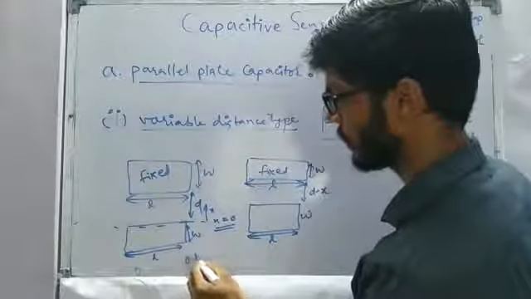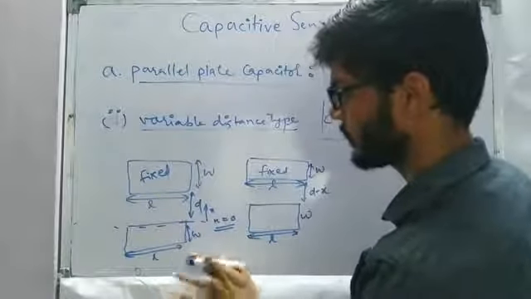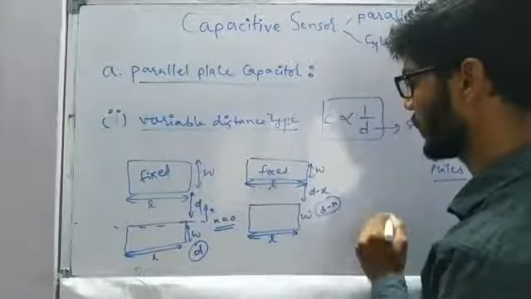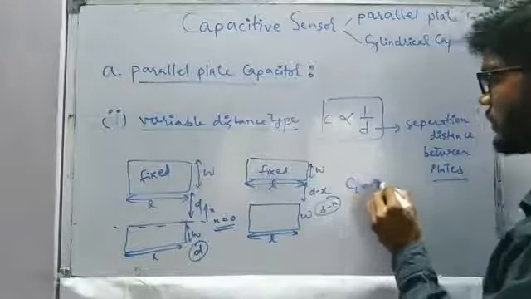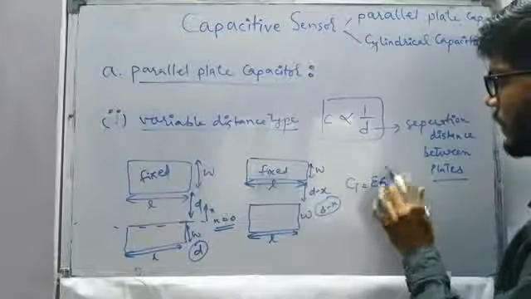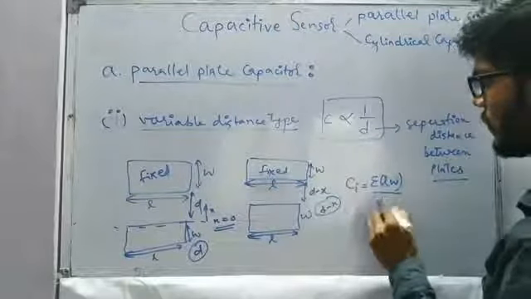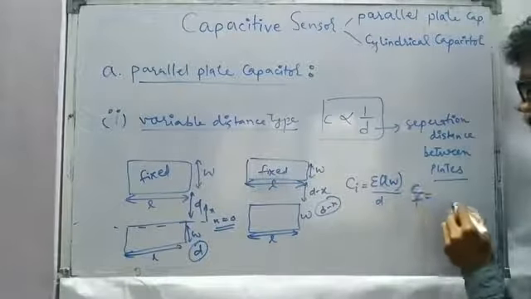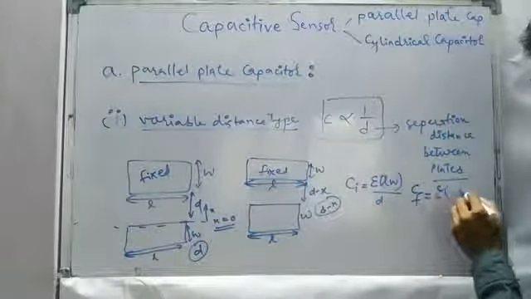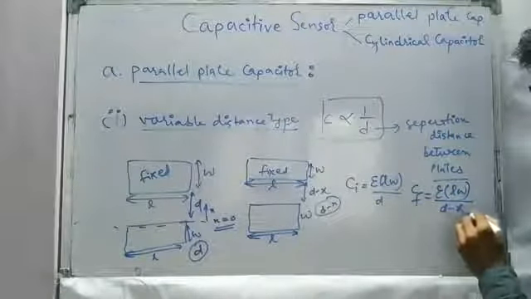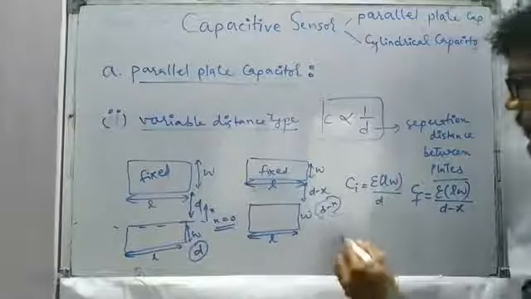So the separation distance is d here, and here it is d minus x. So the initial capacitance is epsilon A by d, where A can be written as length into width, and in the final case the capacitance is going to become epsilon A by d minus x. So the same thing goes here.